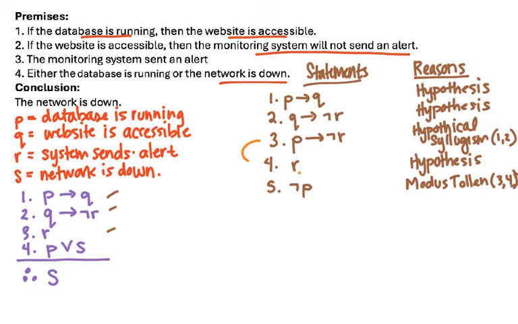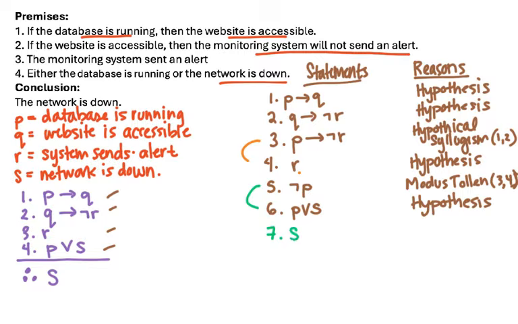Okay, let's look at step 6. Not sure what to do, so let me go and find my last hypothesis. P or S, that's another hypothesis. And oh look, because I have not P and I have P or S, then I should be able to conclude, when you have an or statement, the first thing or the second thing, but the first thing did not happen, then we must conclude the second thing did happen.